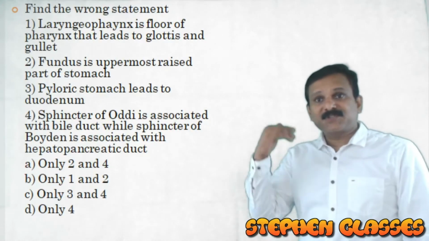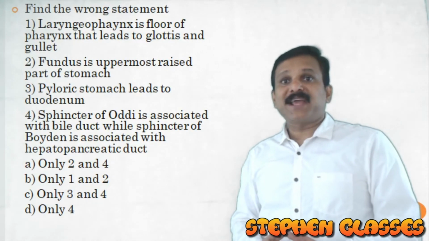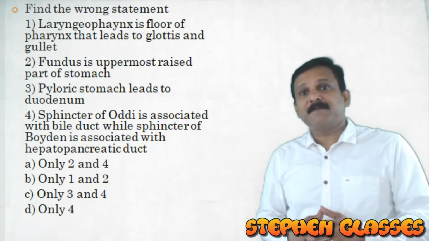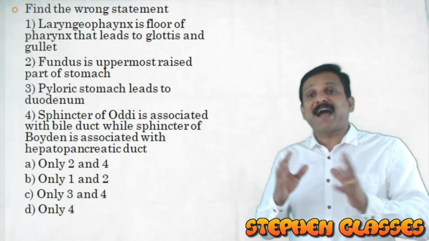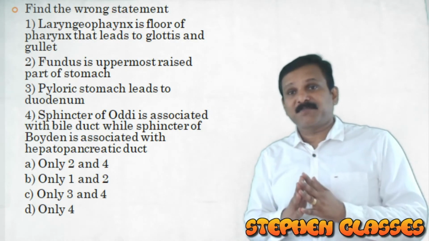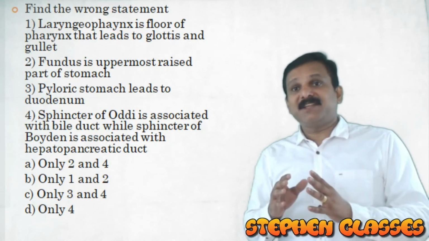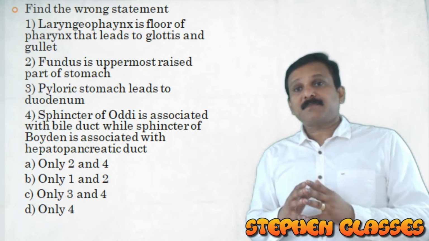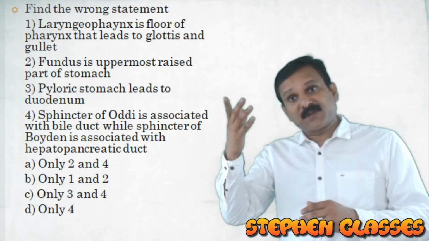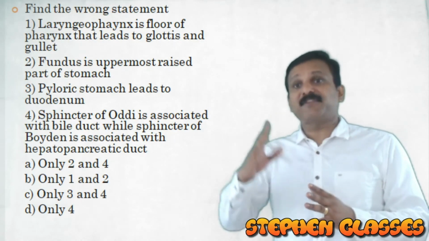Now coming to our next question, find the wrong statement. This is about the structure of the alimentary canal. So here, what is laryngopharynx? Laryngopharynx is at the floor of the pharynx. In the pharynx region, you can see the nasopharynx, which is at the roof of the pharynx.